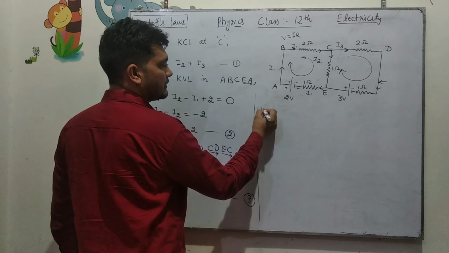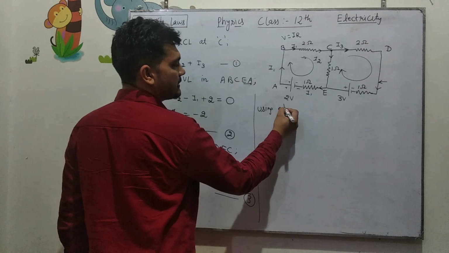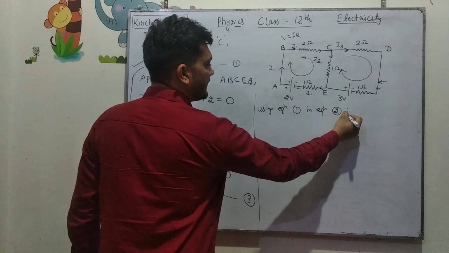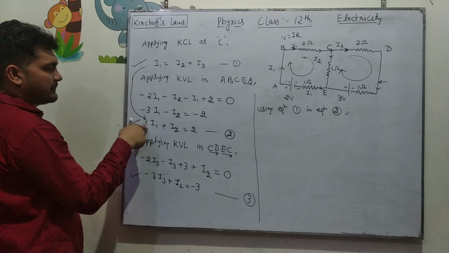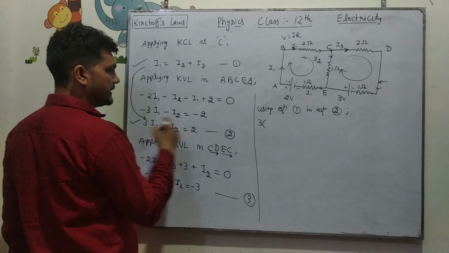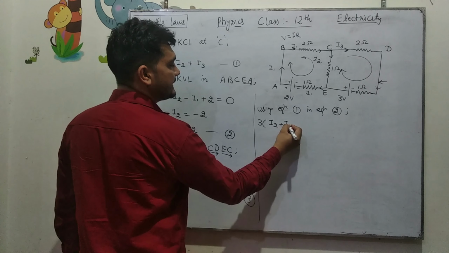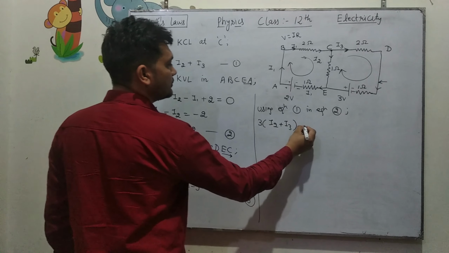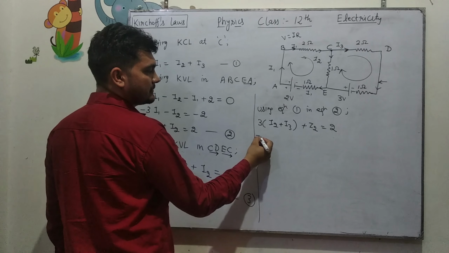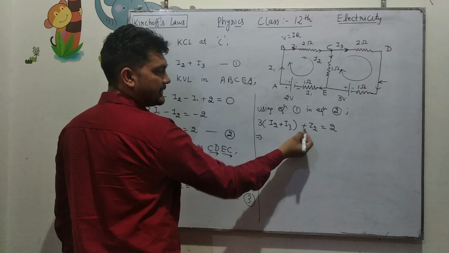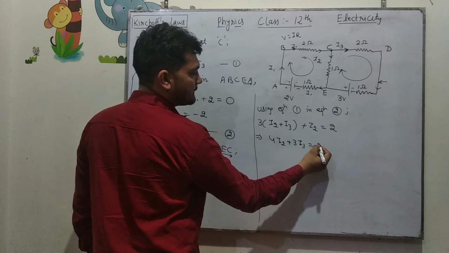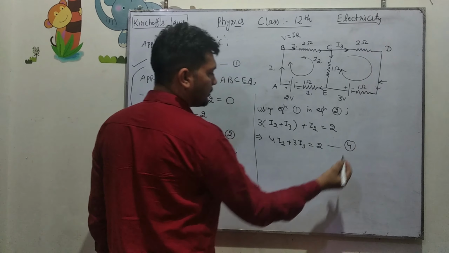So using equation 1 in equation 2, you replace I1 by I2 plus I3. We obtain 3 into I2 plus I3, plus I2 is equal to 2. You simplify this: 3I2 plus I2 is 4I2, plus 3I3 is equal to 2. So this is equation number 4.